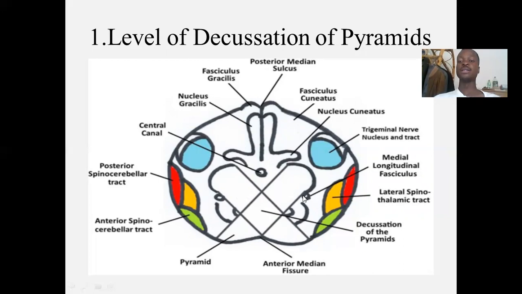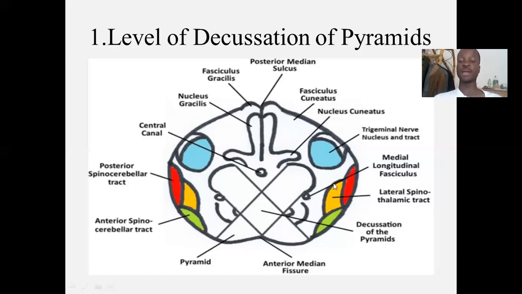The medial longitudinal fasciculus will mainly be comprised of fibers that are coming from the medial vestibular nucleus, and what will continue downwards beyond your foramen magnum is the medial vestibulospinal tract that will end somewhere in the neck, whilst the lateral vestibulospinal tract will be coming from the lateral vestibular nucleus, which can alternatively be referred to as Deiters' nucleus. Right.